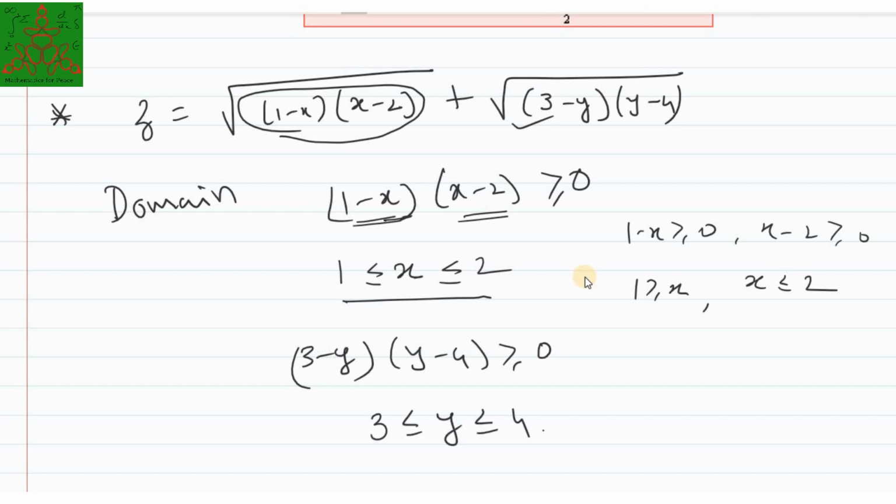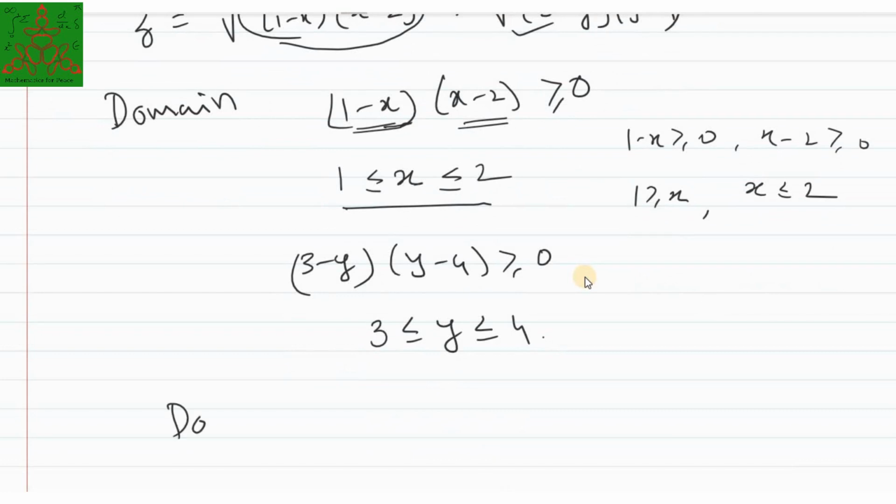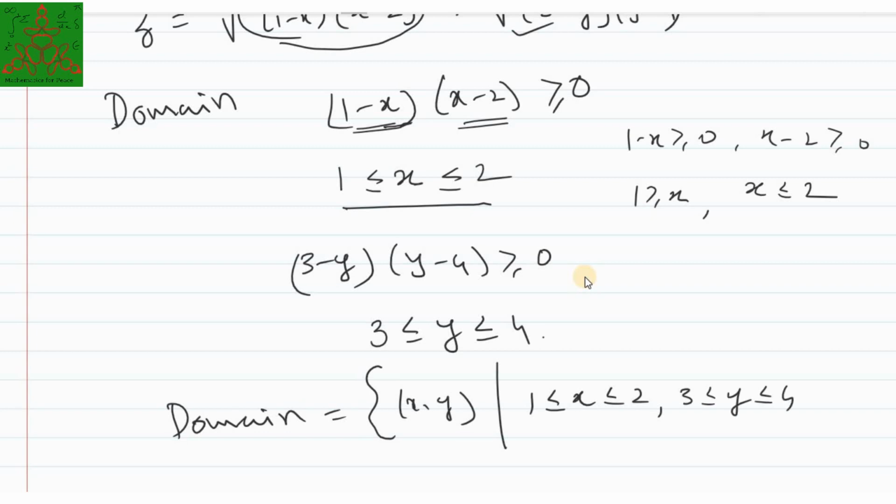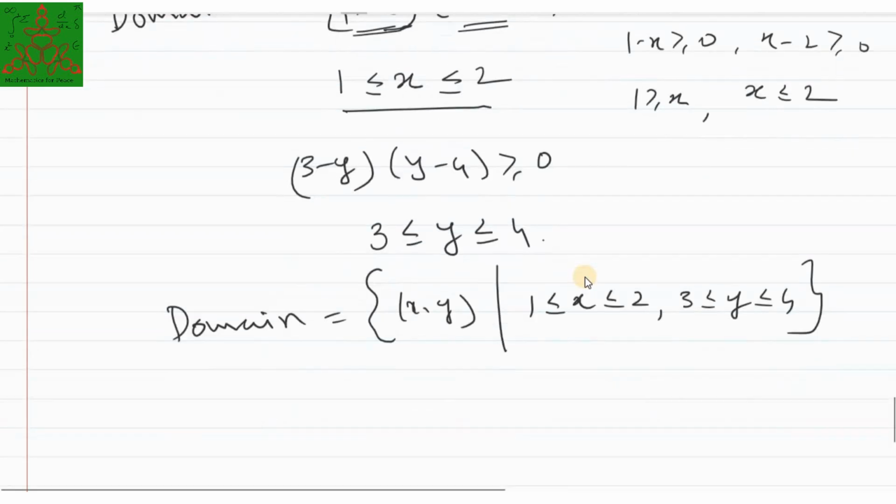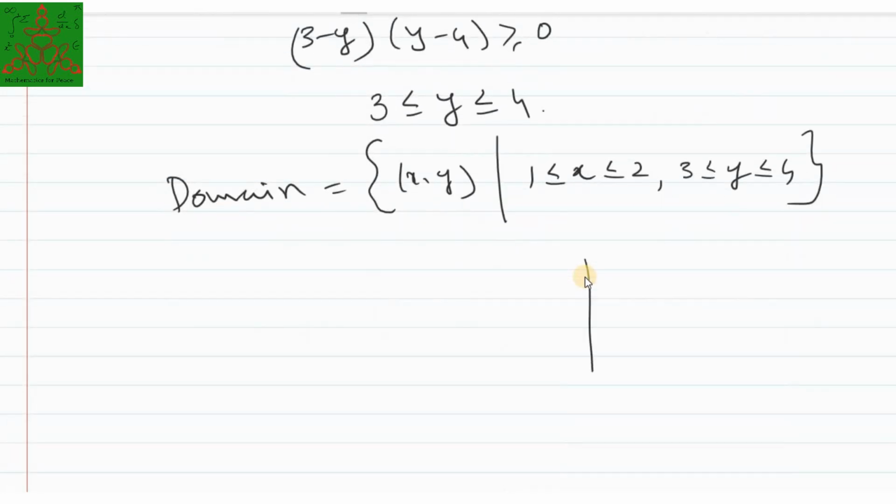So what will be the domain of the function? The domain will be the set of all x, y such that x is between 1 and 2 and y is between 3 and 4. That means it will be a rectangular area. What is this area in the xy plane?